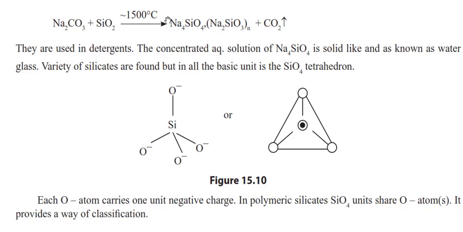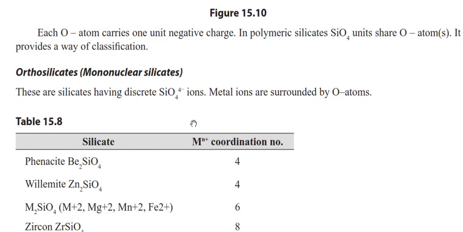They are used in detergents because of the sodium, and the concentrated aqueous solution of sodium silicate is solid-like and known as water glass. The basic unit of silicates is SiO4, a tetrahedral structure, and each oxygen atom carries one negative charge.